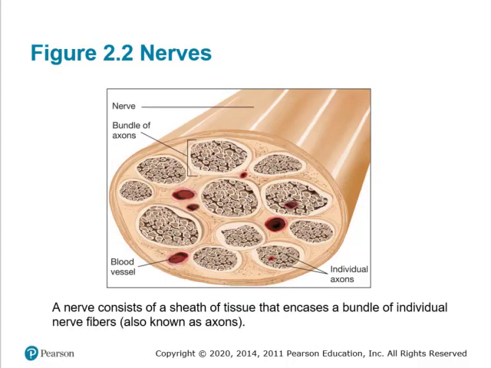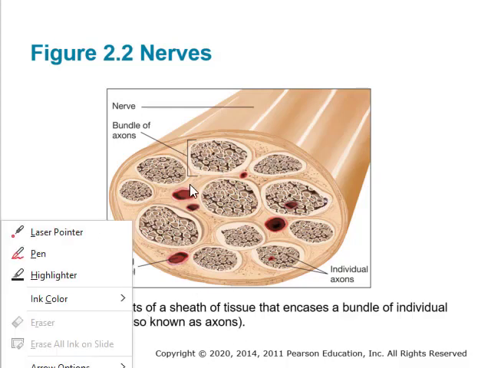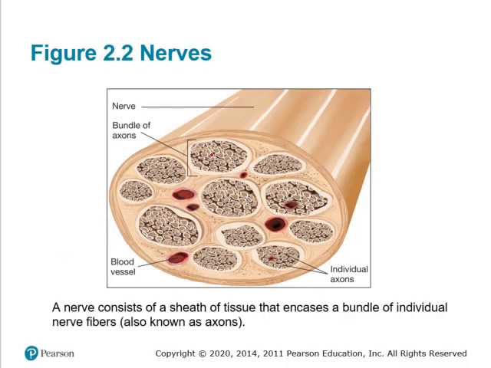Figure 2.3 is a cross-section of a nerve. And a nerve is basically a bundle of axons, several bundles of axons wrapped together. And you can see here from this illustration, and I'm going to get the red pen so I can show you, each of these little stones is one axon.